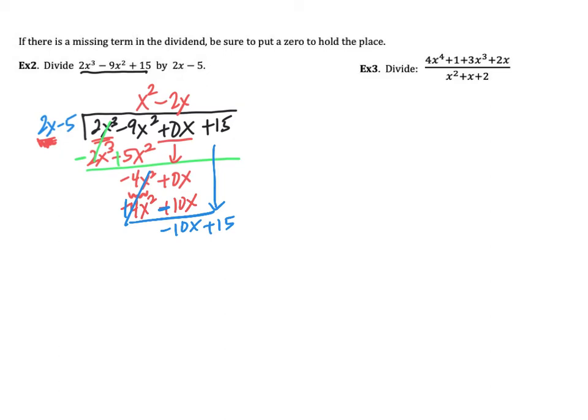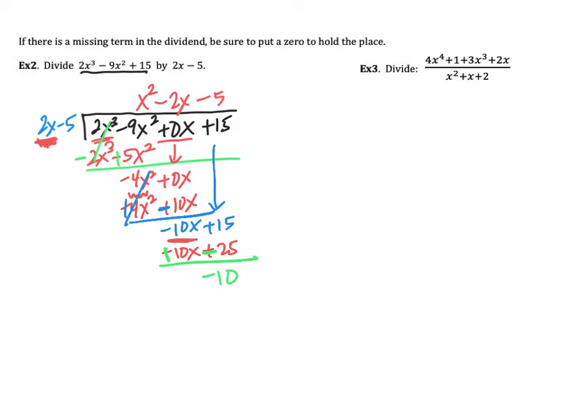process here. Okay, next, we're doing the same thing. Negative 10x divided by 2x is negative 5. I multiply through. Negative 5 times 2x is negative 10x. Negative 5 times negative 5 is positive 25. I subtract, which means I change the signs, and I get a remainder of negative 10.